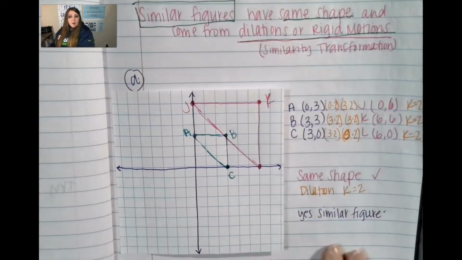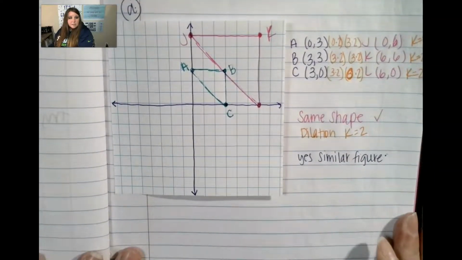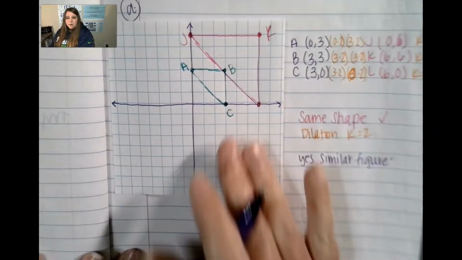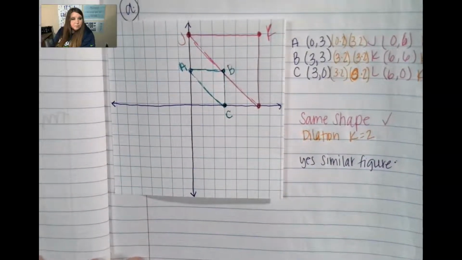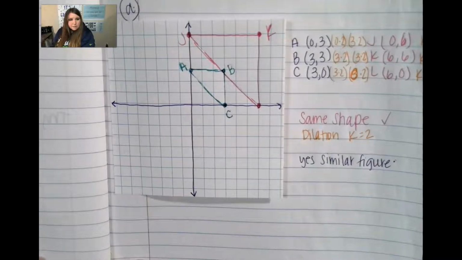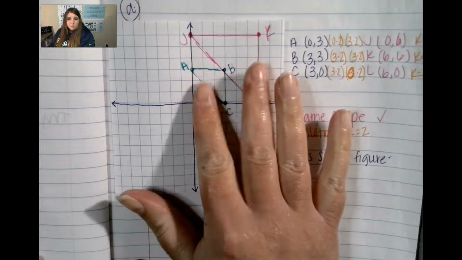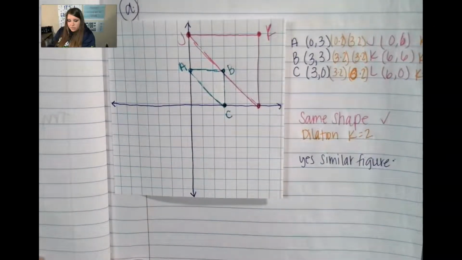Our next example uses the exact same triangles, and it wants to know: is triangle DEF similar to both of these triangles? So let's look at triangle DEF.